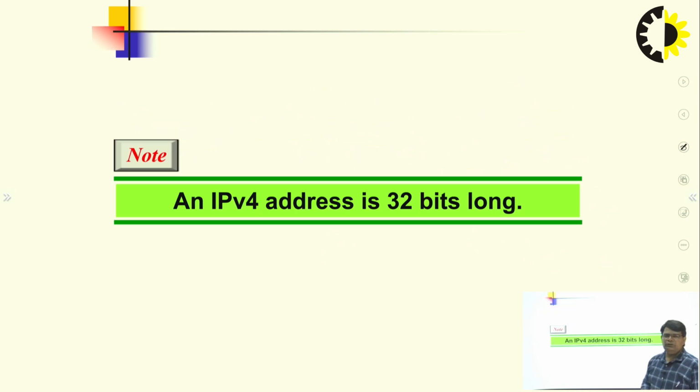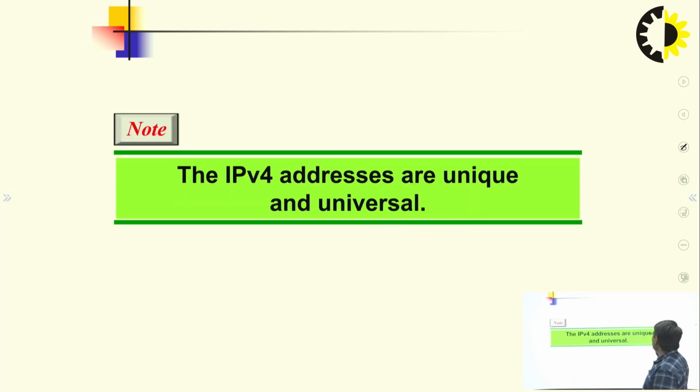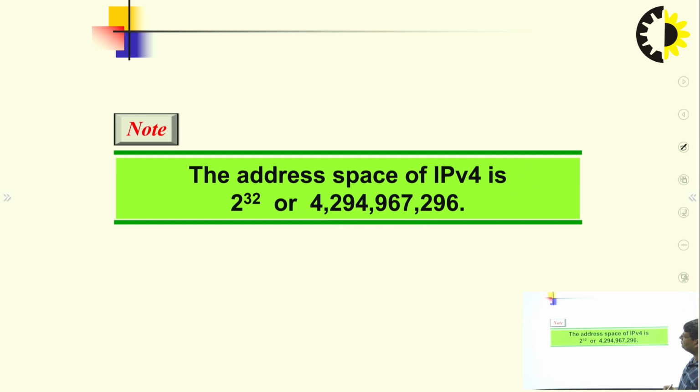Some features of IP version 4: it is a 32-bit address, 32-bit long. Another feature is IP addresses are unique and universal. Whenever a device is connected with any network, a unique address will be provided to it that cannot be assigned to anyone else, and it will be universal throughout the complete network. So what is the address space, or total number of IP addresses, that can be provided in IP version 4?